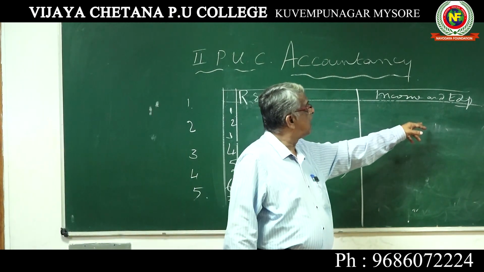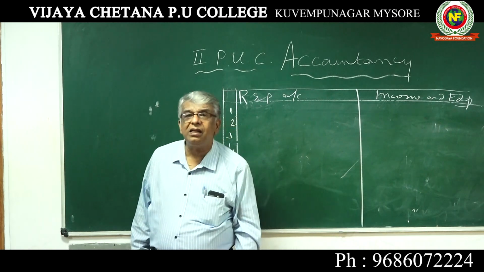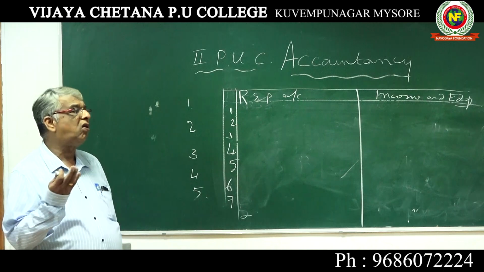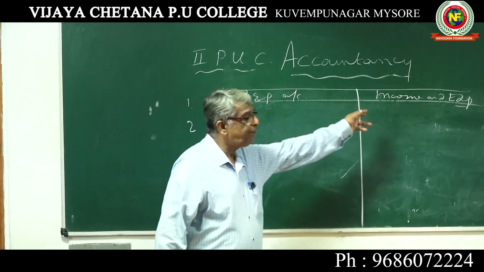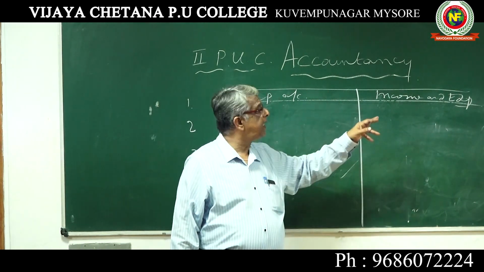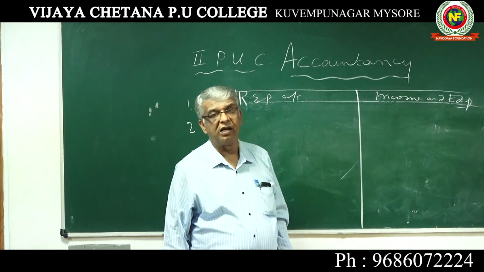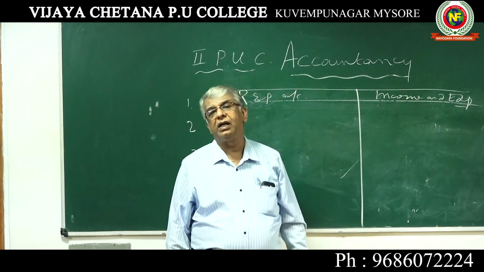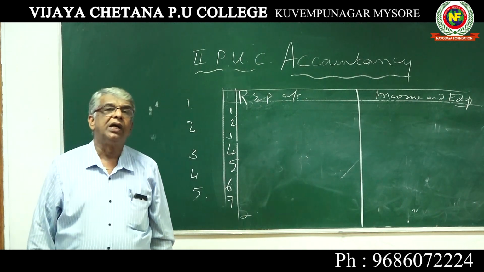Whereas the difference between the income and expenditure account represents either excess of income over expenditure or excess of expenditure over income. If the income side is more than the expenditure side, then it represents excess of income over expenditure. Whereas if the expenditure side is more than the income side, then it represents excess of expenditure over income.